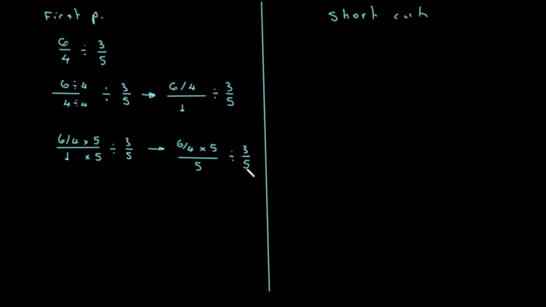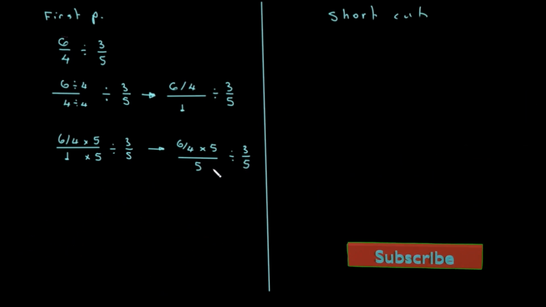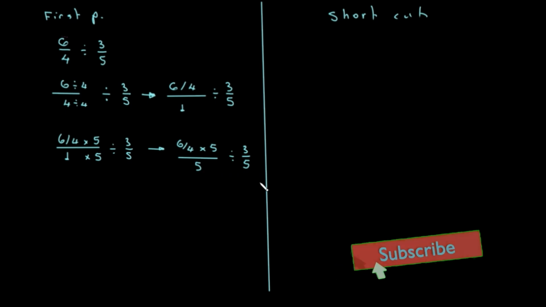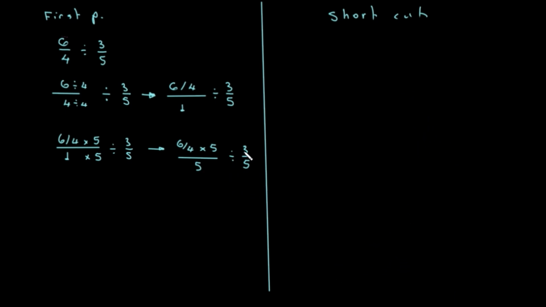Now because the bottom numbers are the same, the size indicators, denominators, we can forget them and just divide the 3 into that. So we end up with 6 over 4 times the 5, and all of that lot there is divided by 3. That would give us the correct answer.